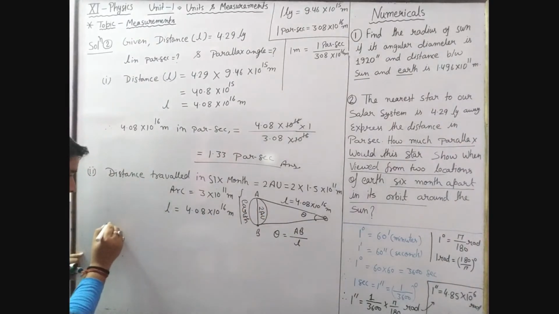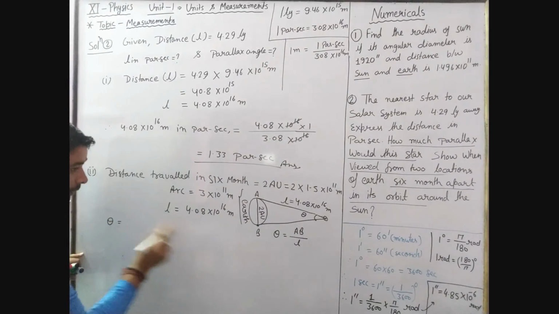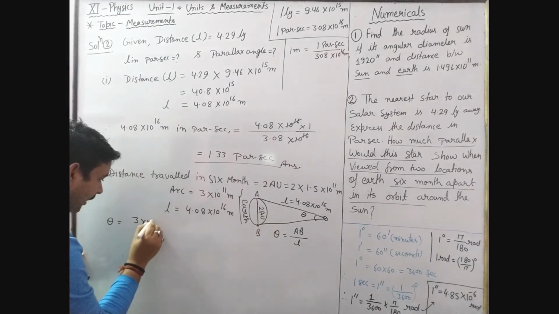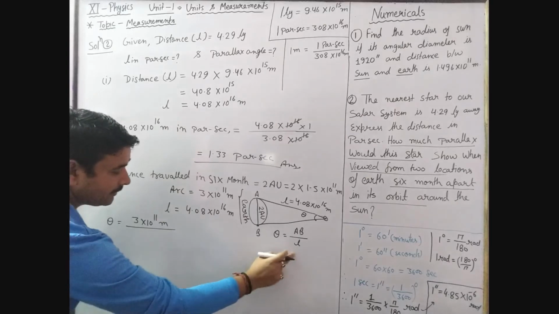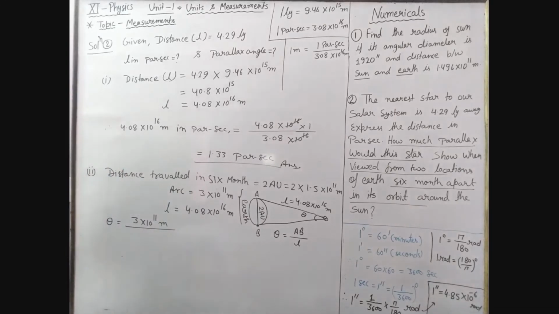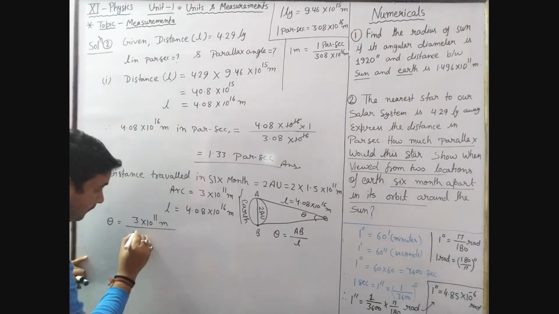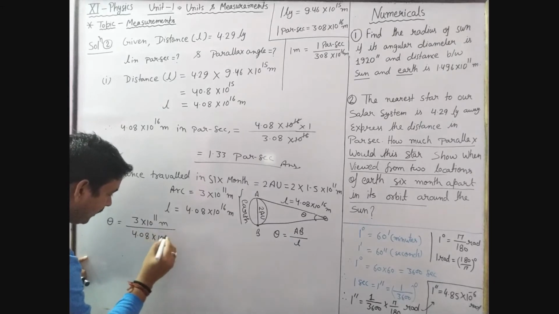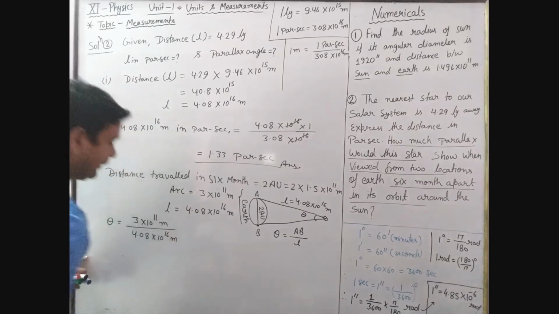So theta is equal to AB, which means 3 into 10 to the power 11 meter, upon 4.08 into 10 to the power 16 meter.